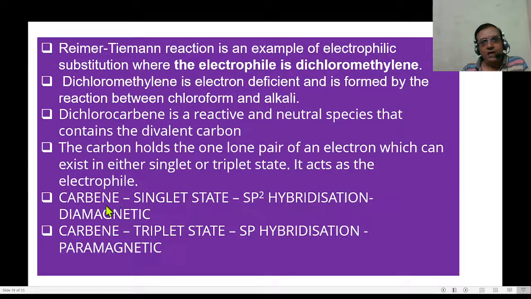If the carbene exists as a singlet, it leads to sp2 hybridization and is diamagnetic in nature. If the carbene is in the triplet state, it leads to sp hybridization and is paramagnetic in nature.